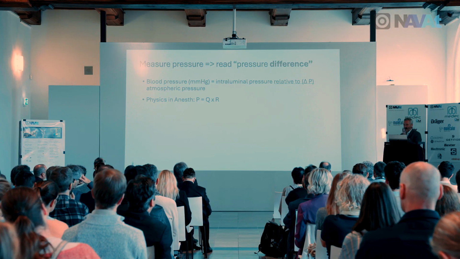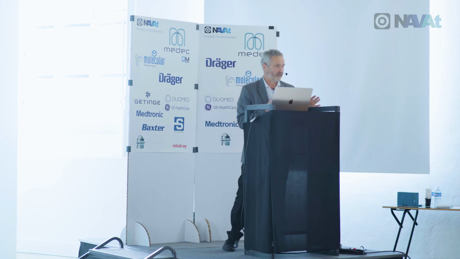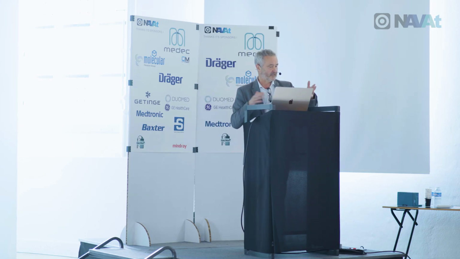And the formula we're all familiar with in anesthesia, as it comes to physics, is pressure equals flow times resistance, right? It's just another example that it's not pressure that needs to be there, it's pressure difference that will drive blood, or move blood or air through the bronchial system.